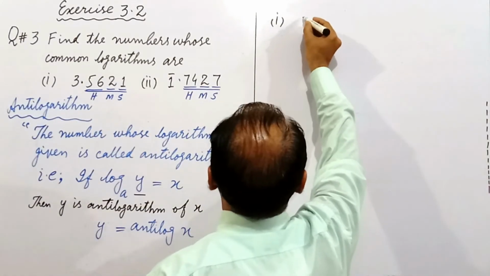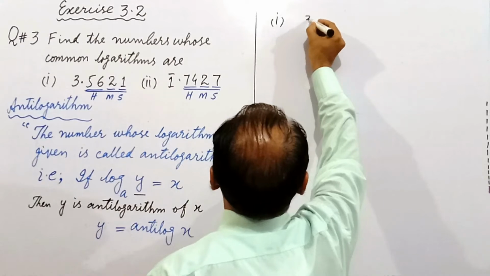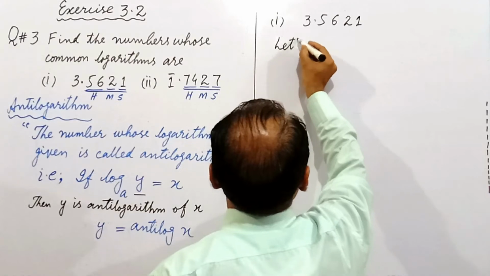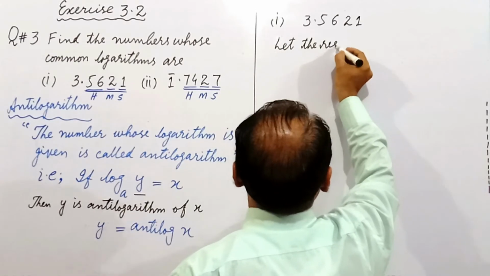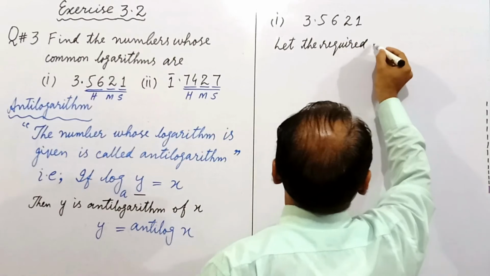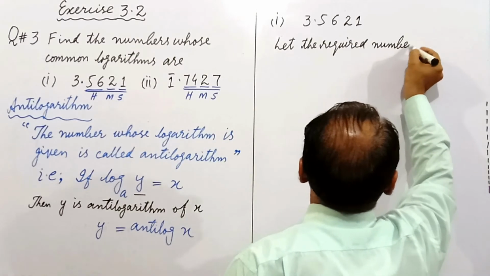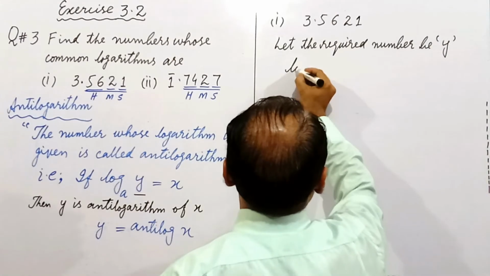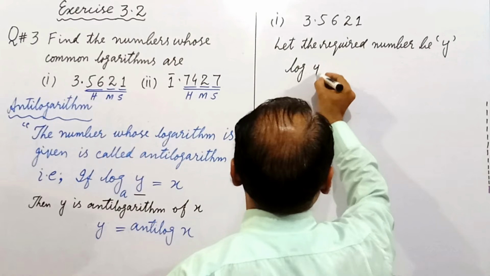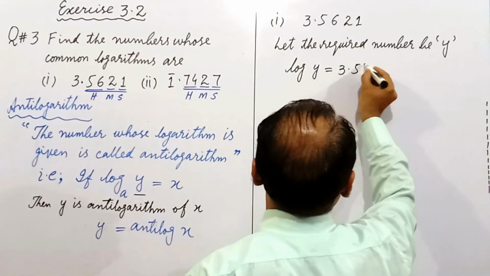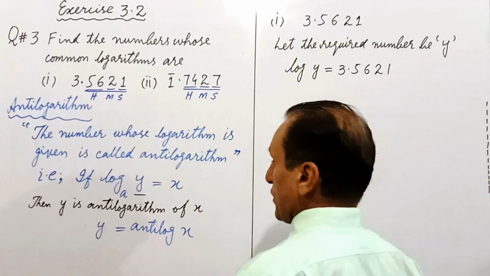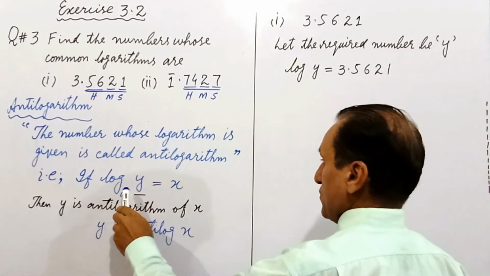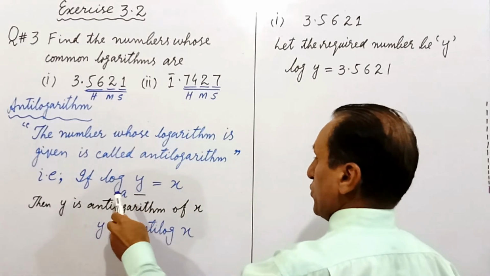Part 1, in which we are given the number 3.5621. Let the required number be y. That means we are given log y is equal to 3.5621. According to the definition of anti-logarithm, as this is the common logarithm with base 10, we do not write the base.